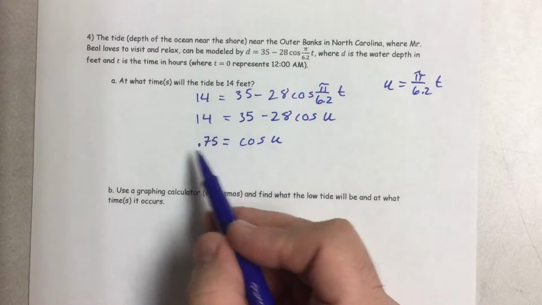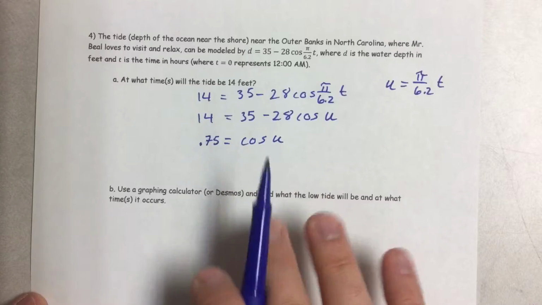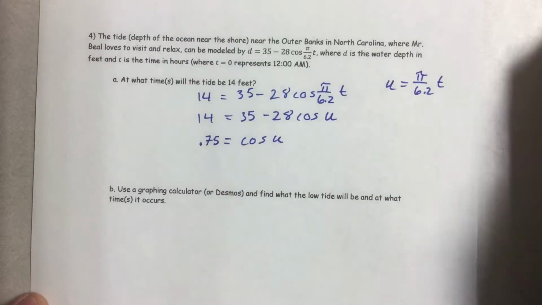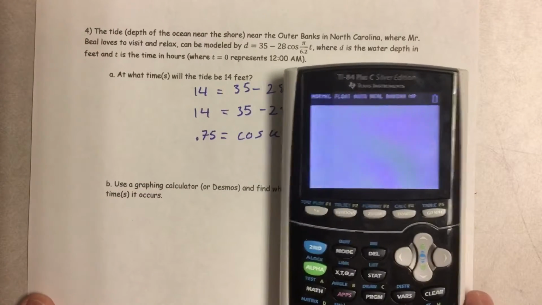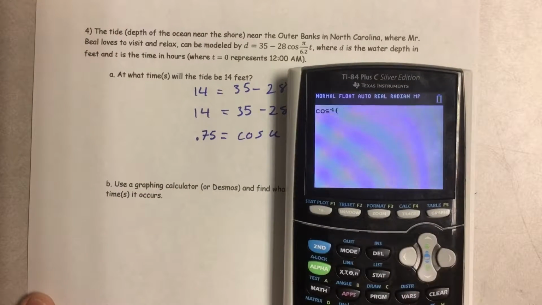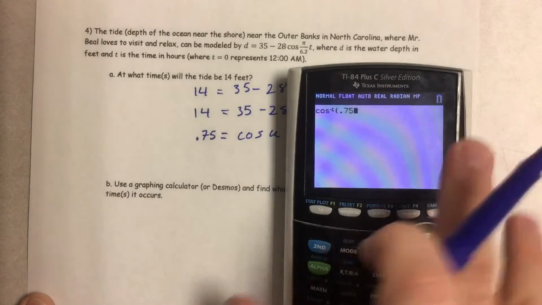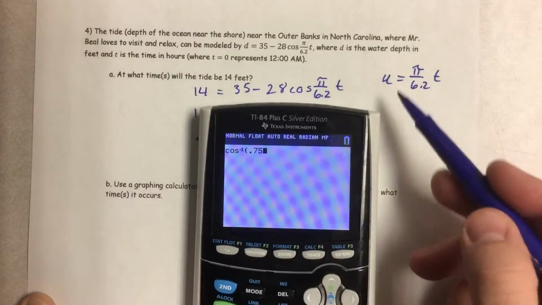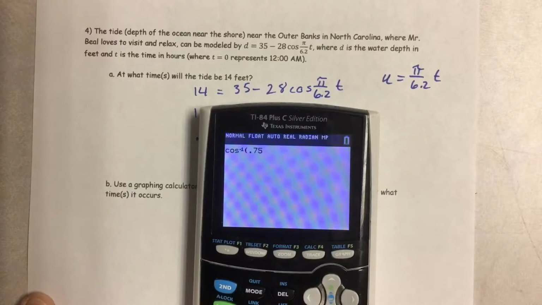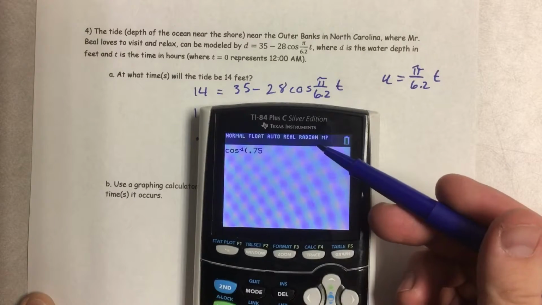Okay, so 0.75 is not a fraction on our unit circle, so we actually have to use our graphing calculator, and in doing so, we use arc cosine of 0.75. Because u is in terms of pi, we're going to want to be in radians.